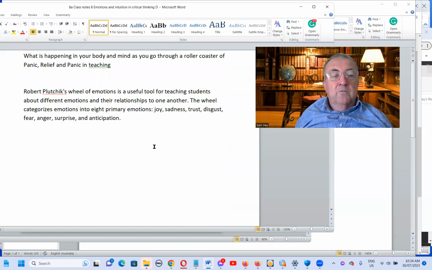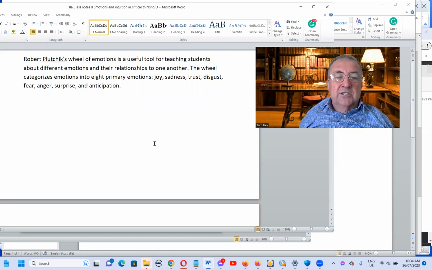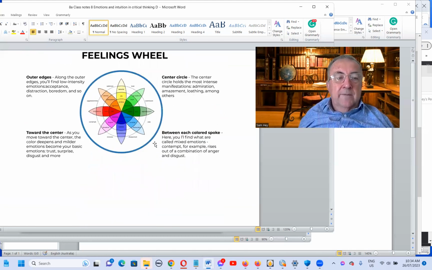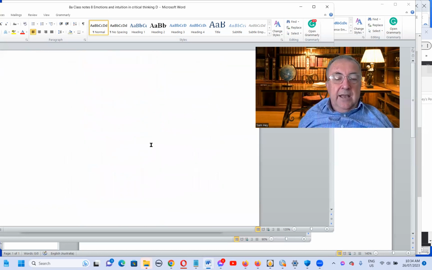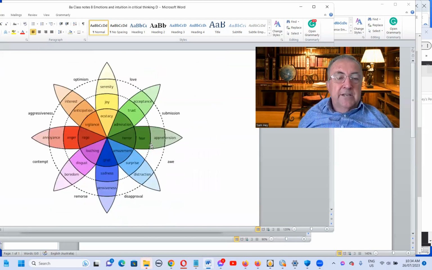Robert Plutchik's Wheel of Emotions puts forward a useful tool for teaching students and teachers about the positive emotions such as joy and trust and anticipation, and the negative emotions that can also be triggers in our brain, trigger responses such as sadness, disgust, anger, fear, and so on. And so the emotions wheel lists these at differing levels of intensity.